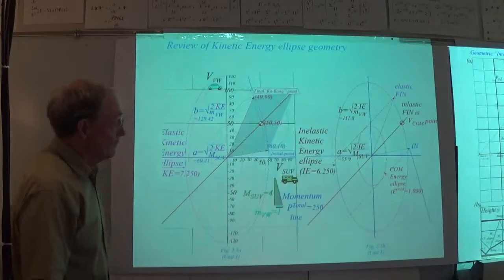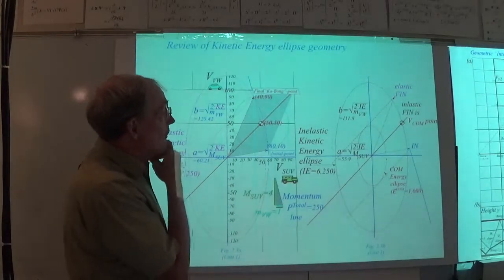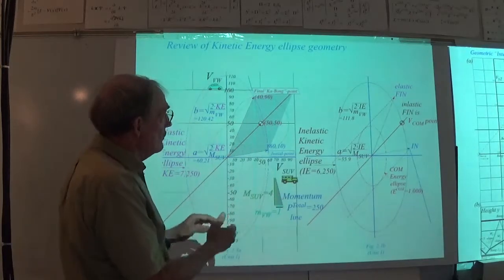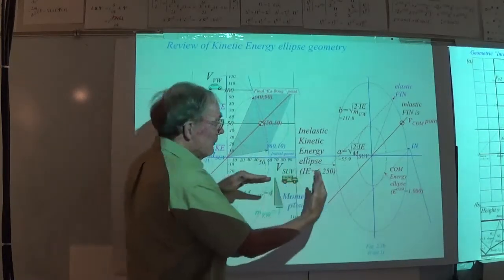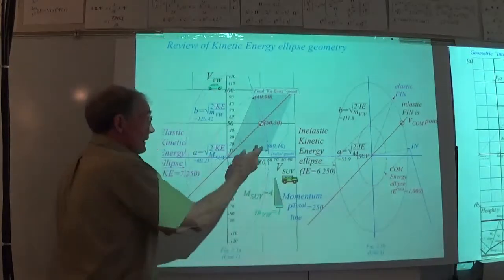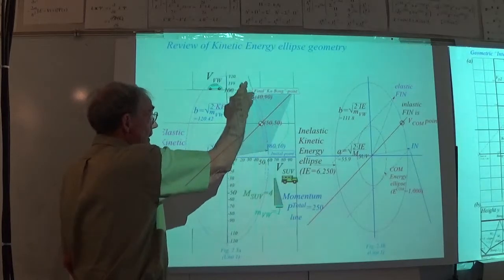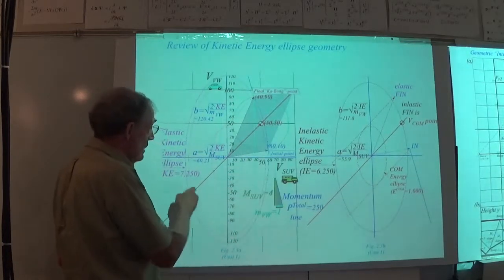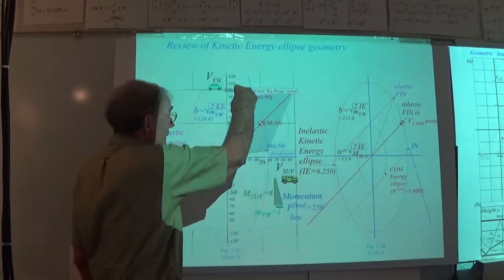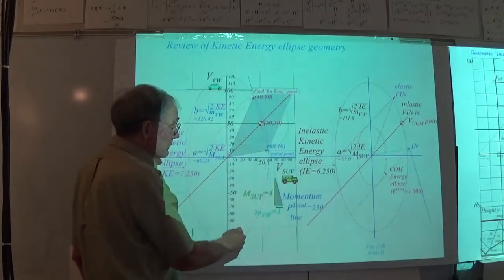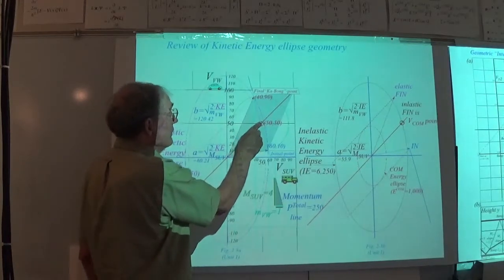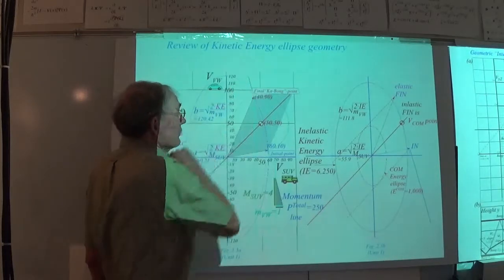Now, another thing that's clear about this stuff is at first when you use collisions that are both things going along and then one of them's faster than the other, you don't get much difference between the elastic ellipse, the kinetic energy ellipse, and the kinetic energy ellipse that's left after the collision. If you were to remain here, that's where you stick onto this little ellipse. It's very close, you see.